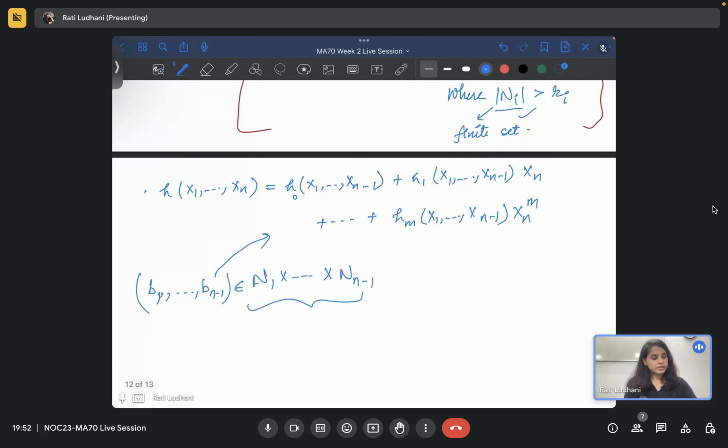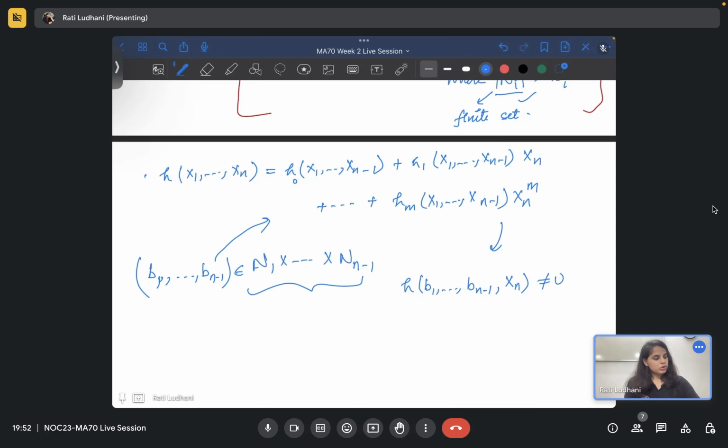Then what will you get? You know that h will be non-zero. Okay, let me write this down. H of b1 to bn minus 1, comma, some xn, now this is a polynomial in one variable. This will equal 0 for some finite set, because we know that degree is fixed, and that finite set has cardinality less than m.